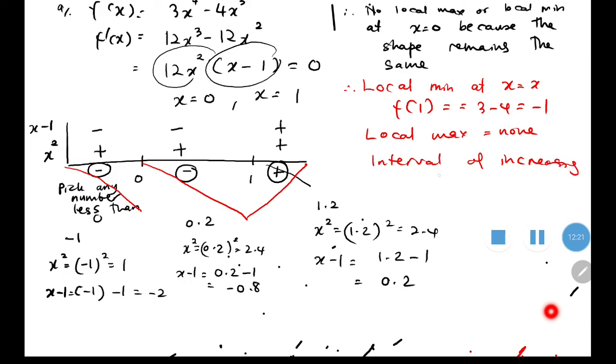From 1 to infinity, and the interval of decreasing is from minus infinity to 0 and from 0 to 1. Okay, so this is the final answer for example 10a.